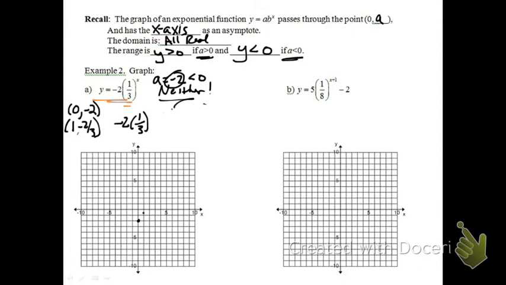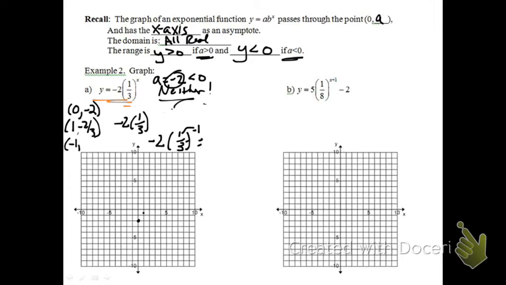Now, rather than plug in 2, I'm going to plug in -1. I like plugging in 0, -1, and +1 for these, as you'll soon see why. If I plug in -1, I'm going to have -2 times 1/3 to the -1 power. If you take 1/3 to the -1, you have to flip that base.